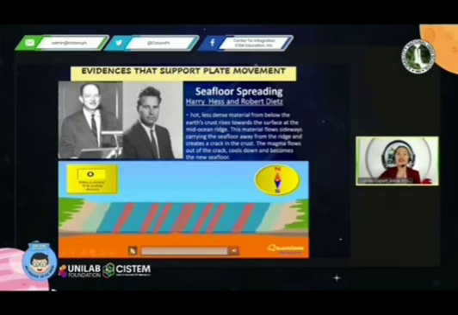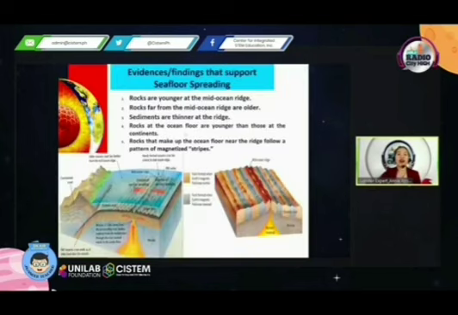All right. So, much like Alfred Wegener, Harry Hess has to provide evidences for seafloor spreading in order for his theory to be accepted by the scientific community. So here are his evidences. All right. Based on the evidences of Harry Hess on his seafloor spreading theory, he found out that rocks are younger at the mid-ocean ridge.